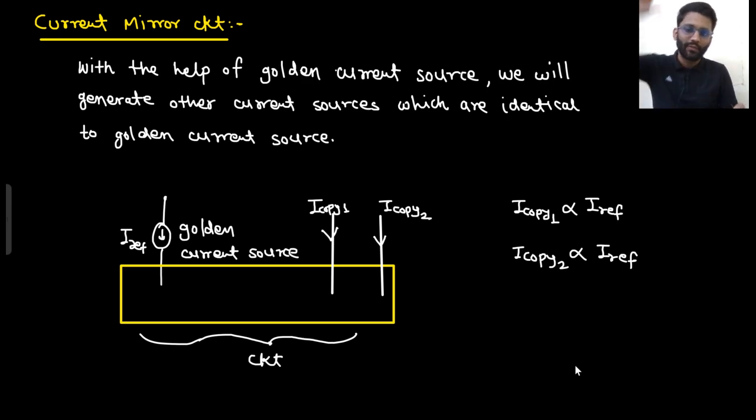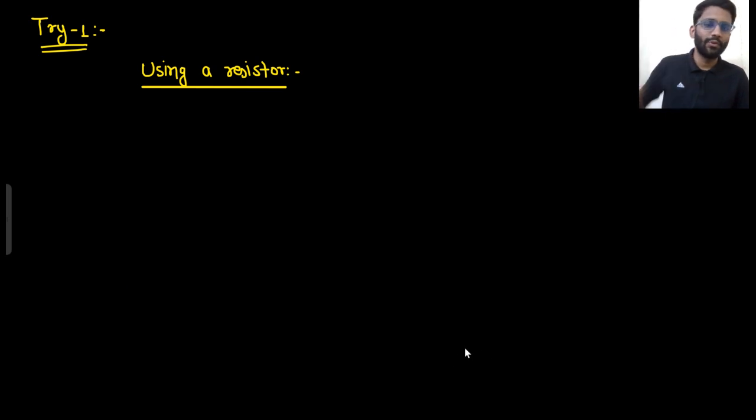What we need to do, we have a golden current source, okay, and from that we need to generate an output current that should be independent of the supply and everything. With the help of that, you need to generate a I copy 1 and I copy 2, and that should be independent of supply variation or temperature variation. So we will try making the circuit. First, what we are going to do, we are going to use a resistor.